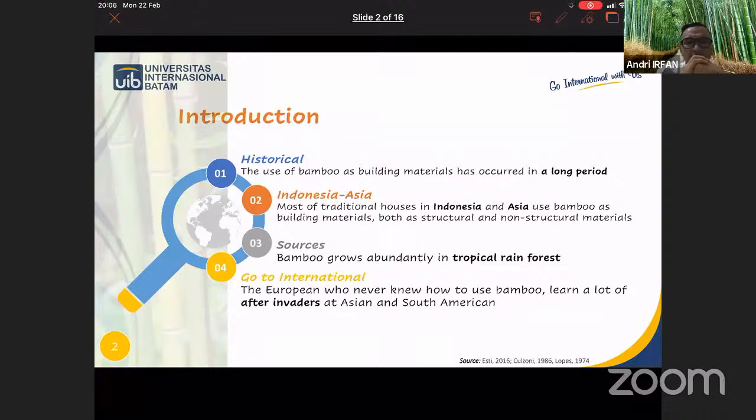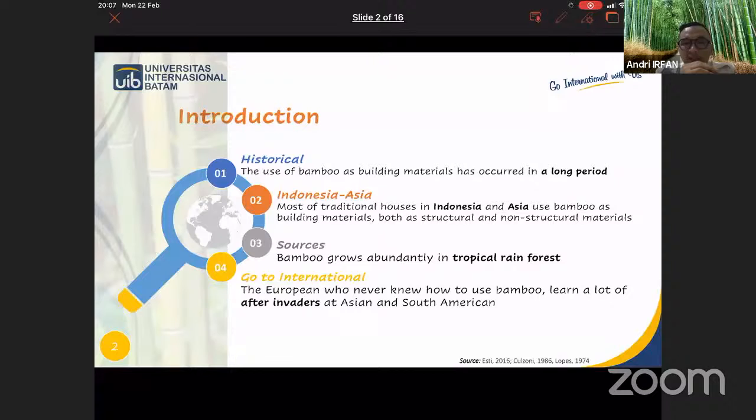Most of the traditional houses in Indonesia and the Asia area use bamboo as building material, both structural and non-structural, and I will continue to talk about structural. The use of bamboo in traditional houses is due to the fact that bamboo grows abundantly in tropical rain forests like Indonesia, South Asia, and South America.